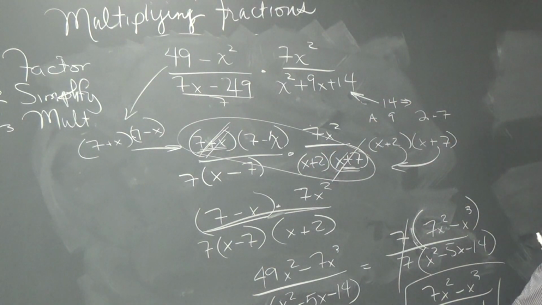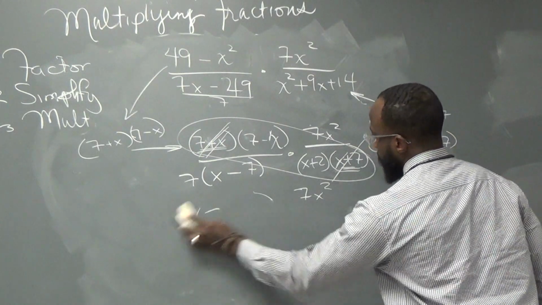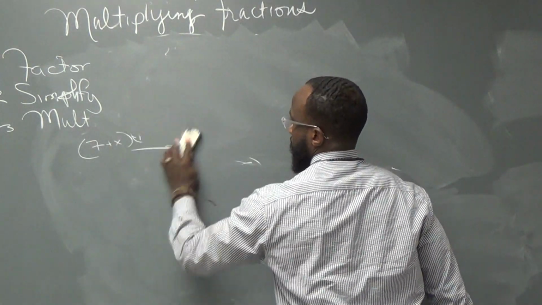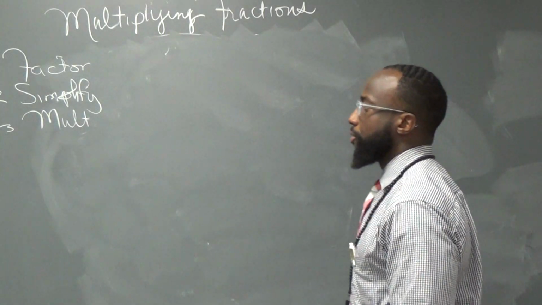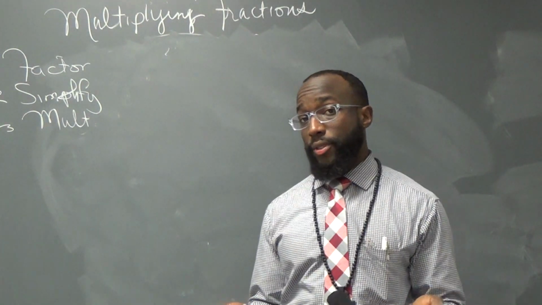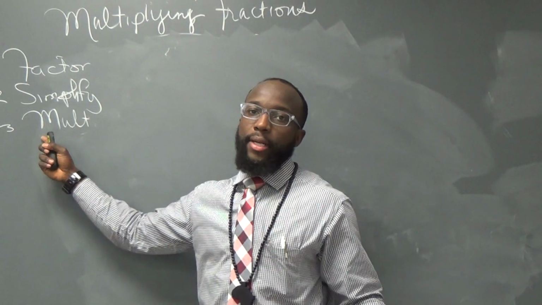Again, multiplying fractions is just like multiplying fractions in elementary school. The only difference is you're adding the things that you learned in algebra to the concept of multiplying numerators and denominators.